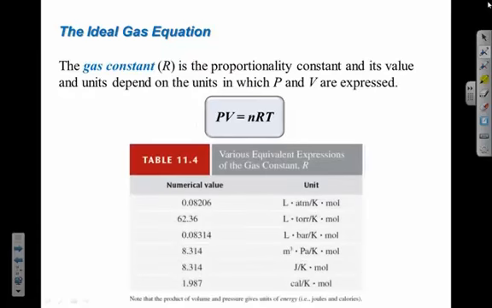So if we're using the ideal gas law, there's lots of different possible values for R. It just depends on when we solve this equation for R, what units we plug in for pressure, what units we plug in for volume, and what units we plug in for temperature. So notice that all of these require us to plug in Kelvin for the temperature, because that's the absolute temperature scale.